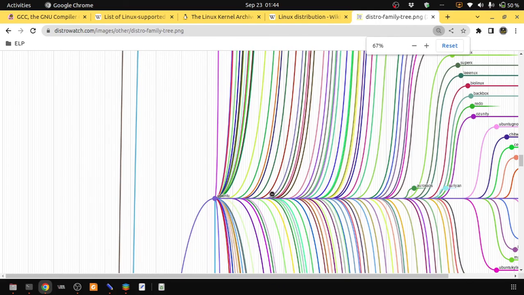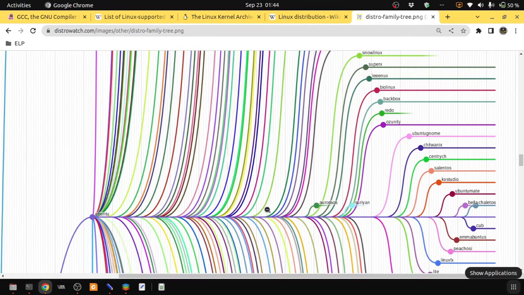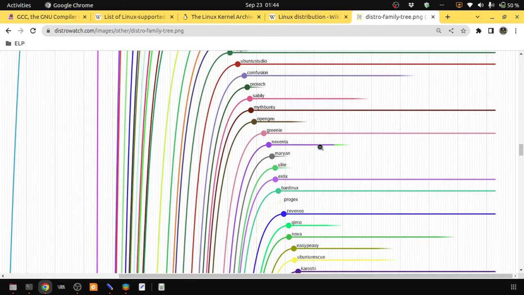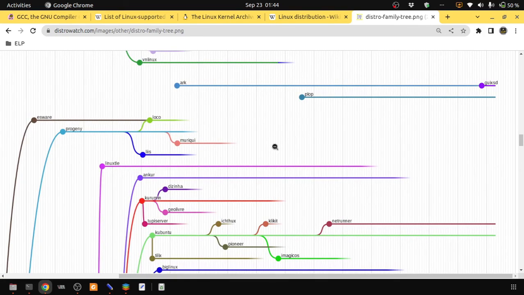If you see, there are a lot of distributions. Ubuntu has come here, and from that Ubuntu, other distributions are built on top of it: Ubuntu MATE, Ubuntu GNOME, and so on. So you can pick the one which you are comfortable with.